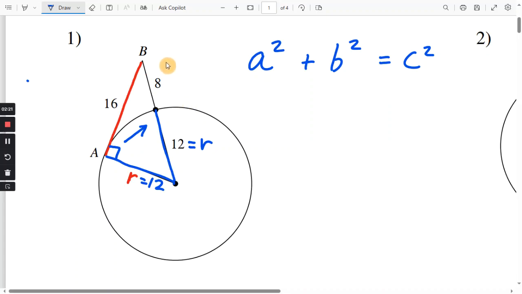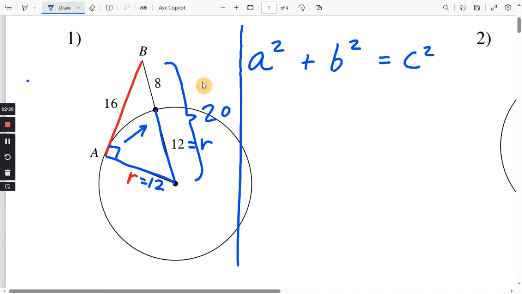We're going to have to add 8 plus 12 to get our hypotenuse. 8 plus 12 is 20, so that is the value for c. A and b, it doesn't matter which is which. I will let a equal 16 and b equal 12.